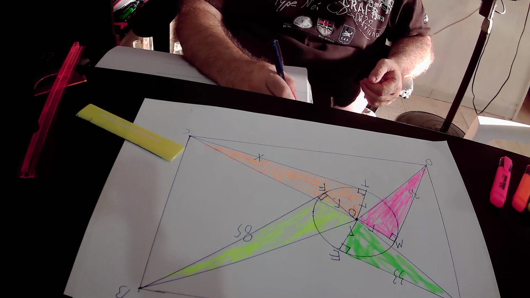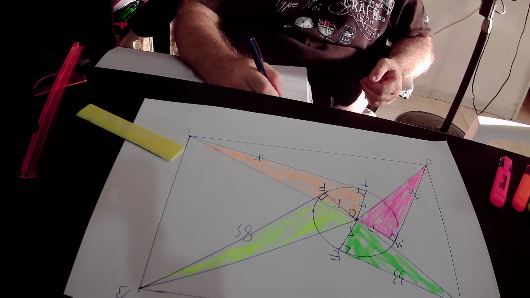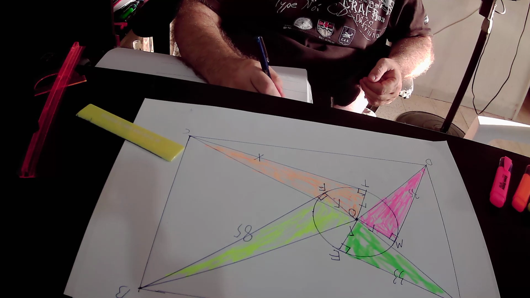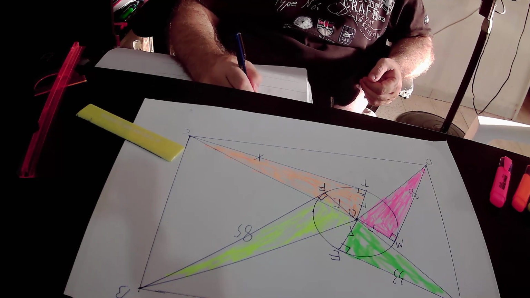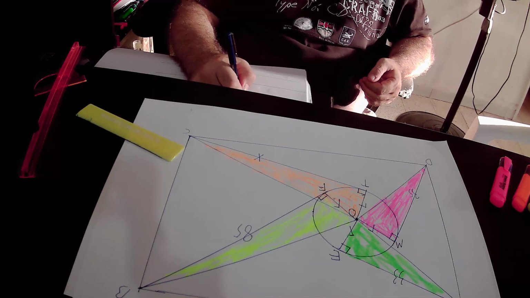According to equation number 2, we found out that BO square equals R square plus 85 square.